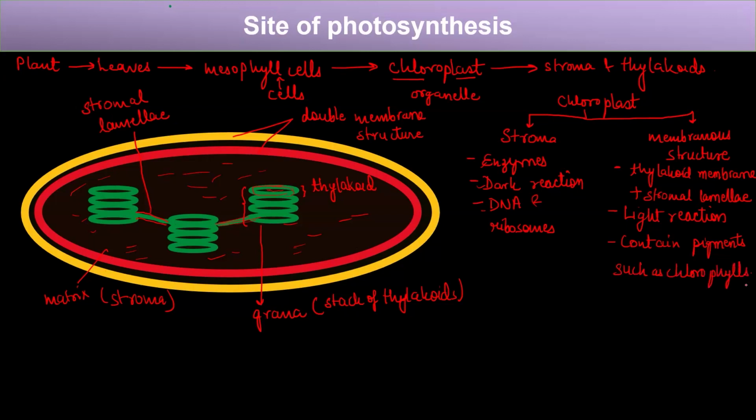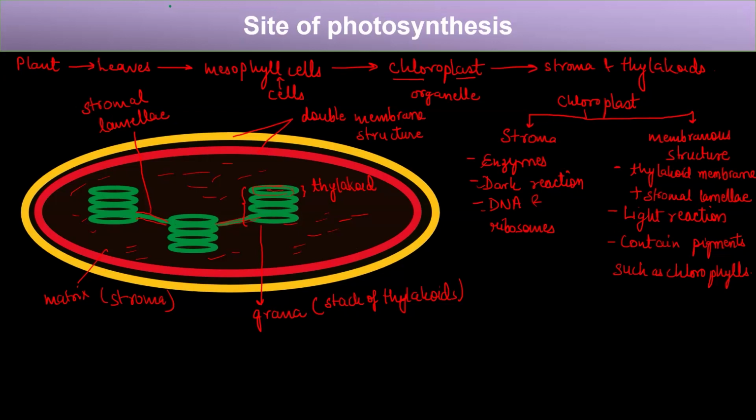Okay. So the chloroplast is divided into two different compartments. The first is the stroma, that is the matrix, and the second is the membranous structure, which mainly consists of the thylakoid membrane and the stromal lamellae, and this is the site of light reaction. One thing we can notice here is that the entire photosynthesis is not taking place at one site.